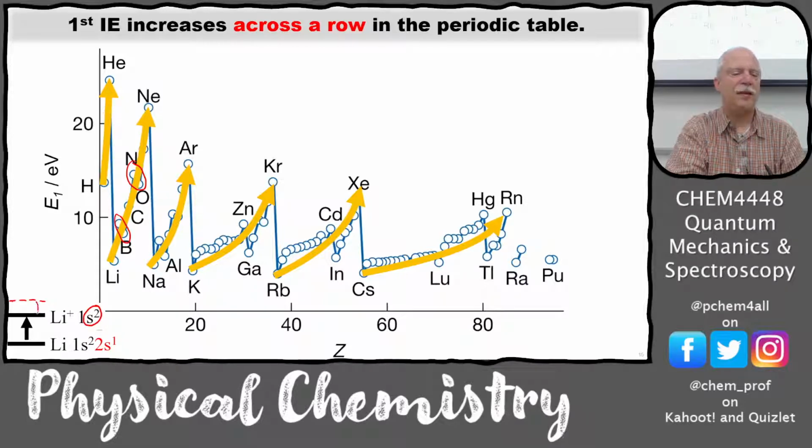And so it's been stabilized, and that makes it lower in energy. Whenever you stabilize an energy level, you make it lower in energy. And so if we lower that cation energy level, notice how this arrow gets shorter. This arrow here is what's actually being plotted. That's the energy difference.